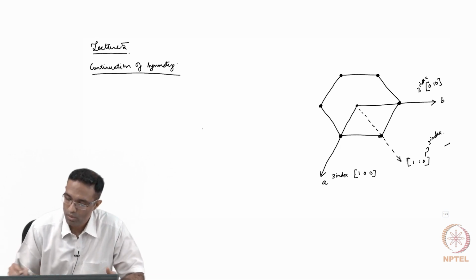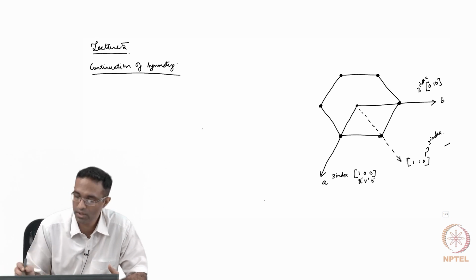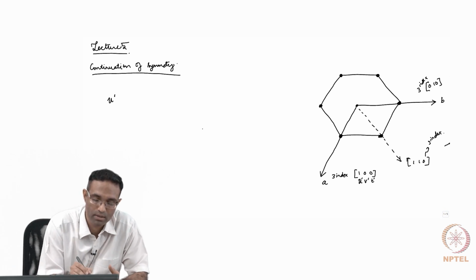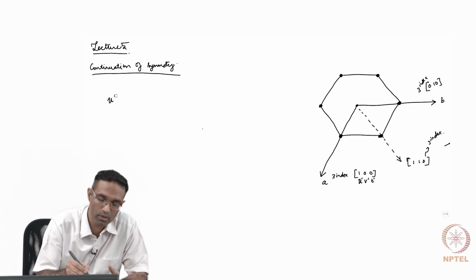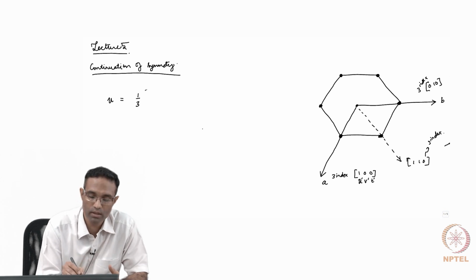If you know the indices in the 3 index system, which we mark as u prime, v prime and t prime, then in the 4 index system you can find out the corresponding u, v and t using simple expressions like this.